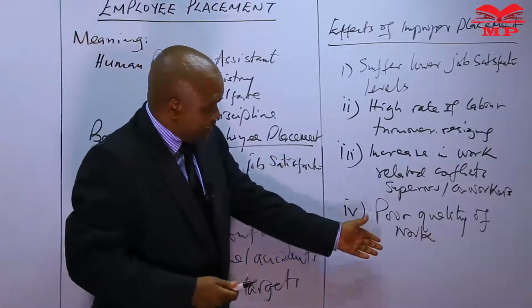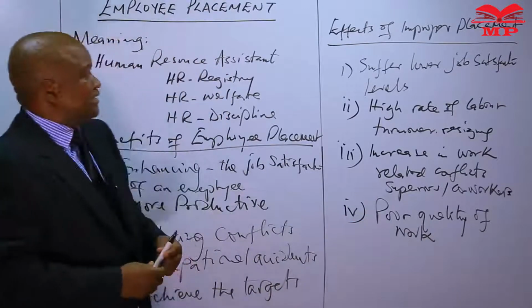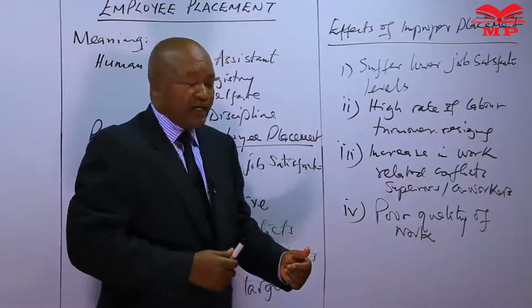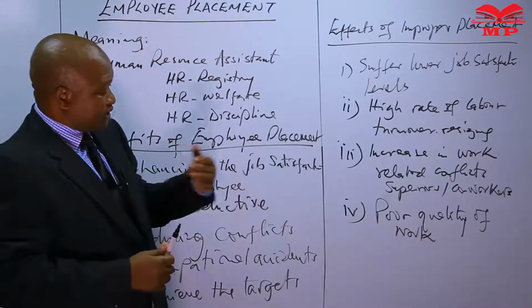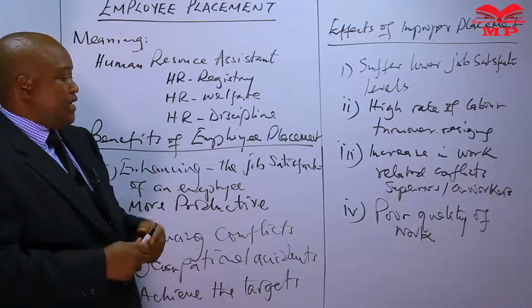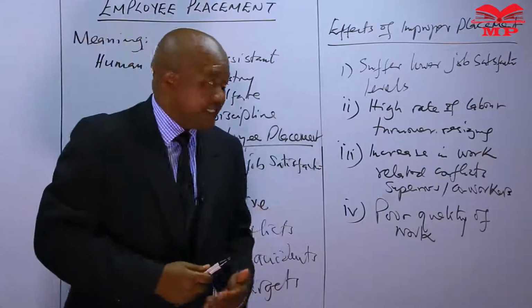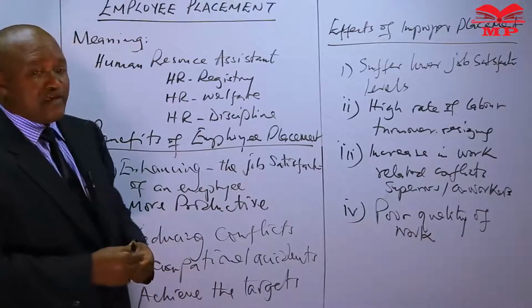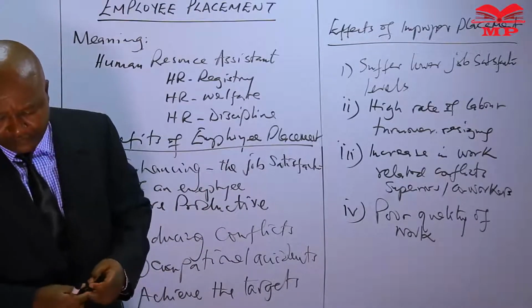In the event that an employee has been placed in a job and this placement has been improper, then it is expected that to some extent the quality of work that will be coming from such an employee may not be as per the expected standards. Hence, that becomes an adverse effect of improper placement of employees within a working environment.